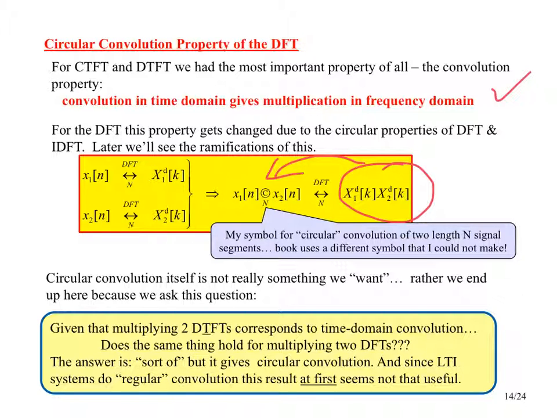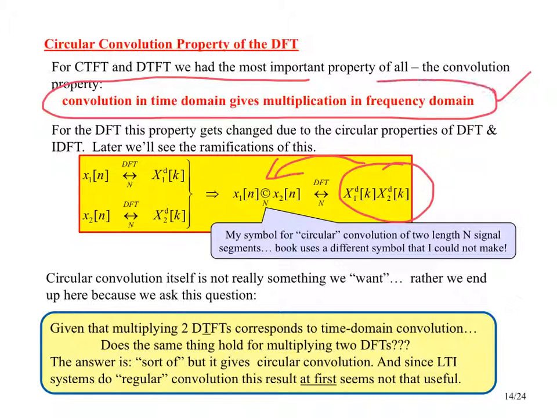But basically we're saying that x1 of n is a length N signal, x2 of n is a length N chunk of signal, and we are doing this operation called circularly convolving them relative to the length N. And so unlike up here, where convolution is the thing that we really are interested in analyzing, so we say, well, systems do convolution, so we can analyze the action of the system in the frequency domain. Circular convolution is by no means something that we usually want.